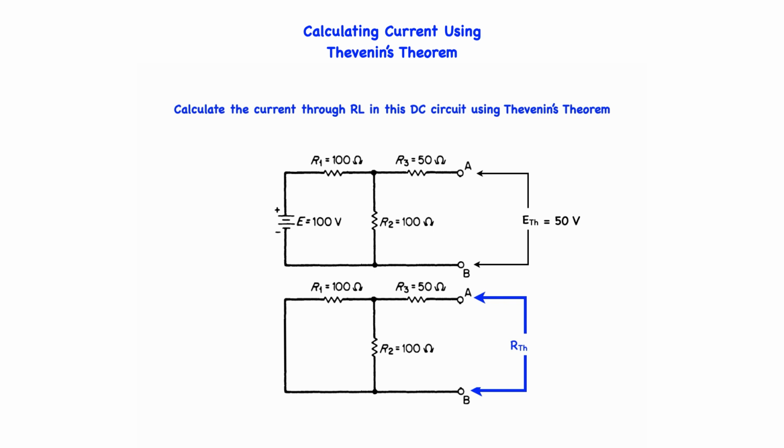We call this value RTH, where RTH is equal to 50 ohms plus the quantity 100 ohms in parallel with 100 ohms, which ultimately calculates to 100 ohms.